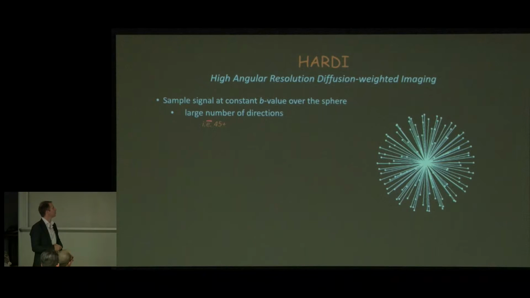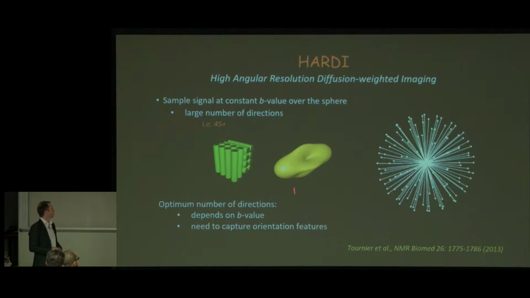A large number of directions, I'd say at least 50 or so, but 45 is kind of the lower limit. It depends what b-value you go to. The optimal number of directions depends on the b-value. I've got a paper on that if you really want to look into it, but basically you want to be able to capture these little details in the diffusion signal, in the orientation structure.